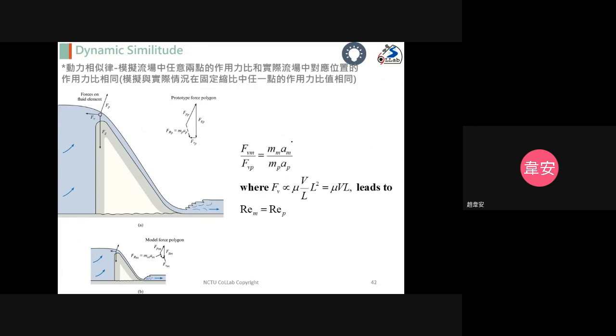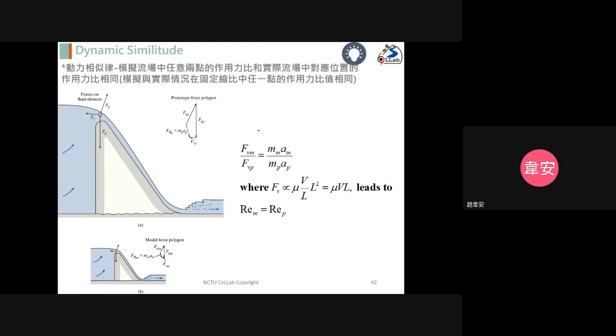As mentioned on the previous slide, we also need to consider the Reynolds number between the model and the prototype. Again, because we involve the viscosity effect in our problem, the viscous force is very important.